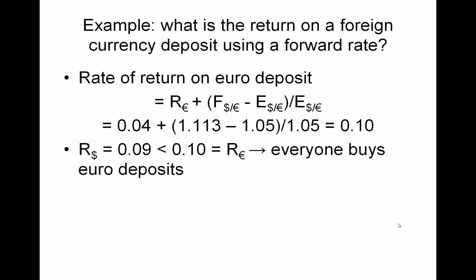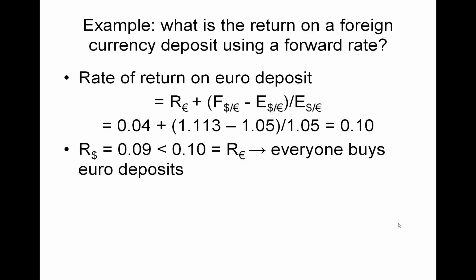So for our example, the rate of return on the euro deposit was 4%, so it's 0.04, plus the forward premium is 1.113 minus 1.05, and that quantity is divided by 1.05, and this equals 0.10.